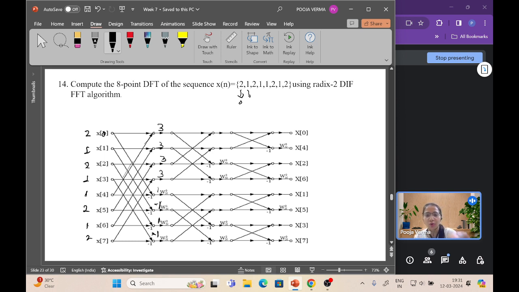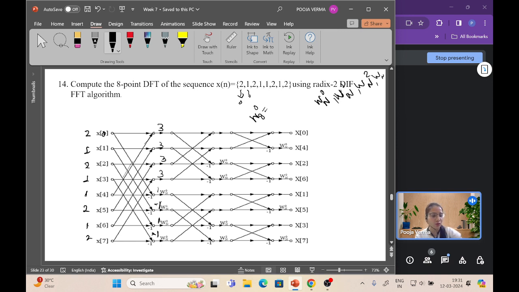Now we have to compute Wn0, Wn1, Wn0, Wn1, Wn2 and Wn3 in order to multiply with these sequences. So here N is equal to 8. W80 we have already seen in the previous one. You can calculate it again, but if you want, you can calculate and put it in one place so that it is easier.